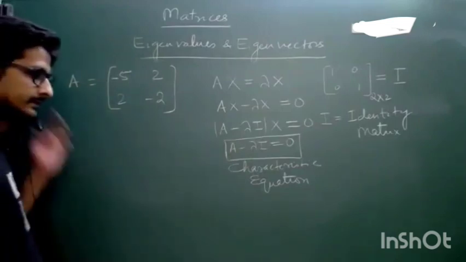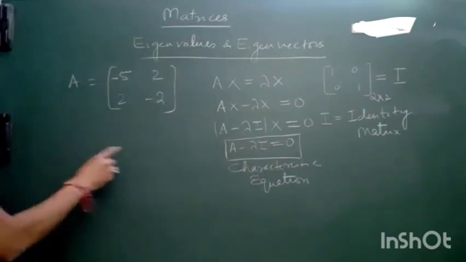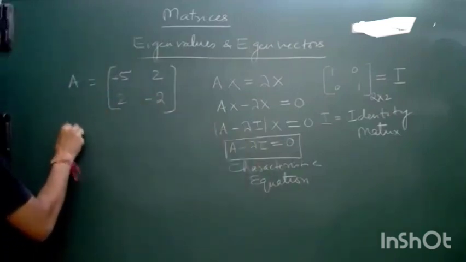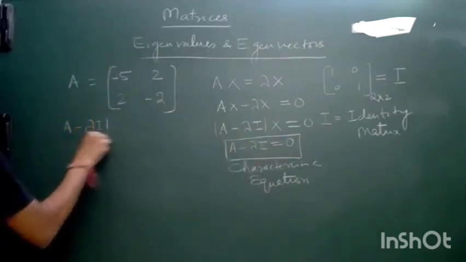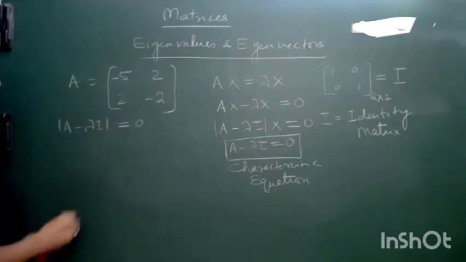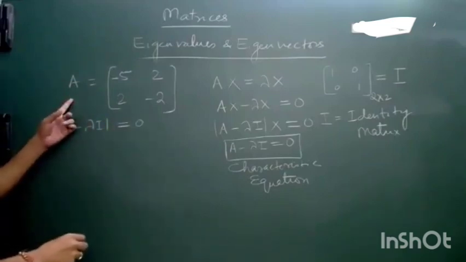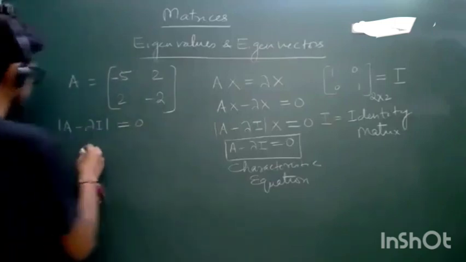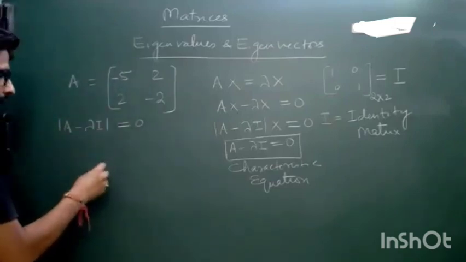Now let us see. A minus lambda I is equal to 0 means you will write it like this: A minus lambda I is equal to 0. So what will happen? Just this matrix will become, let me write it once, later I will write it directly.